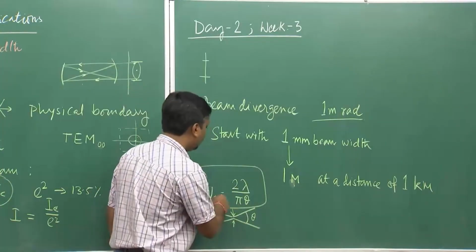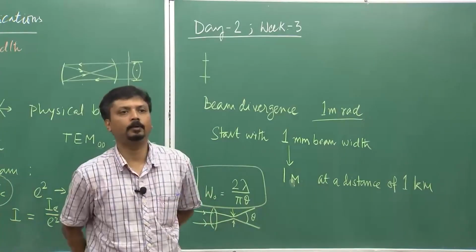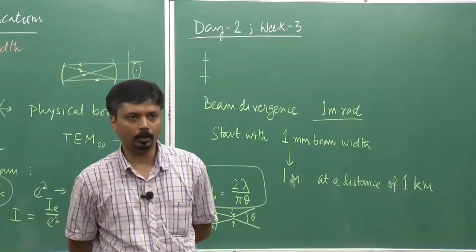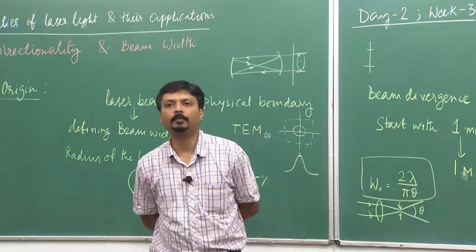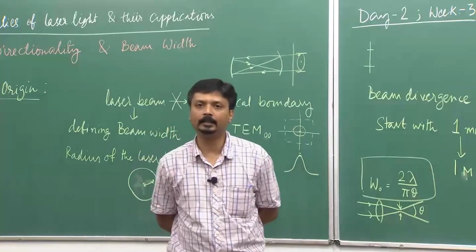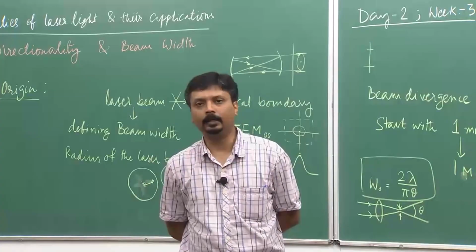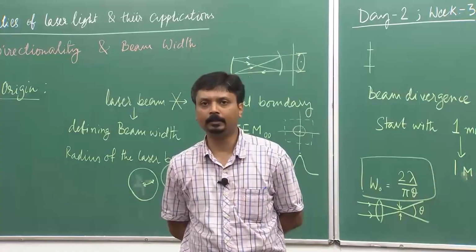Now, what is the application of this property, that I can really go to a very, very small focal spot? In industry, you need to achieve really high intensity light to cut or weld or to melt things, particularly metals or leather, and various other materials.